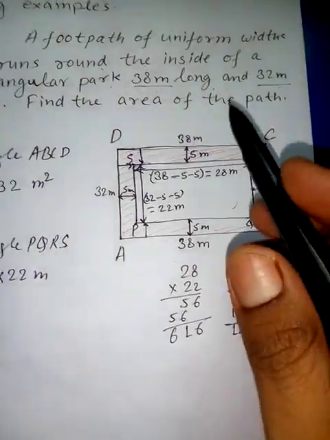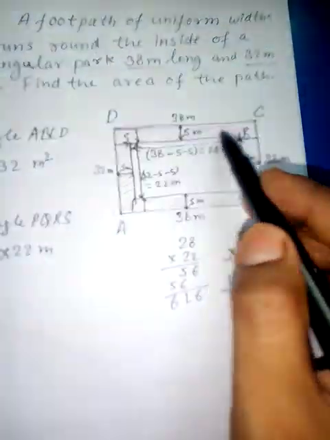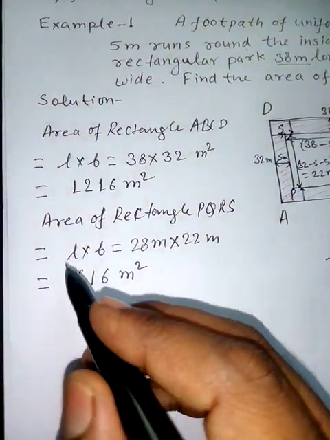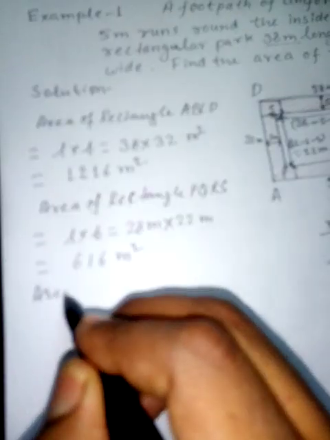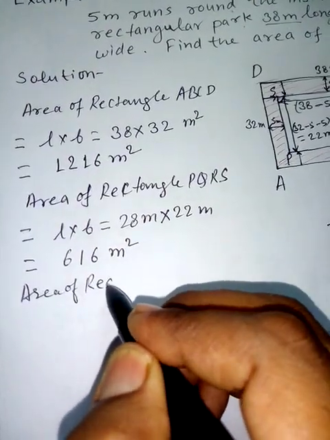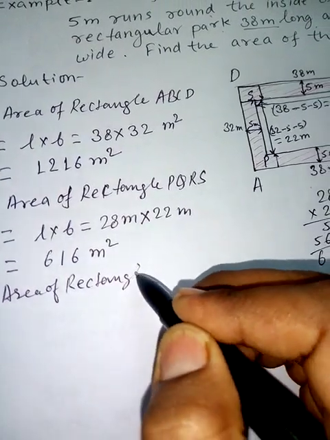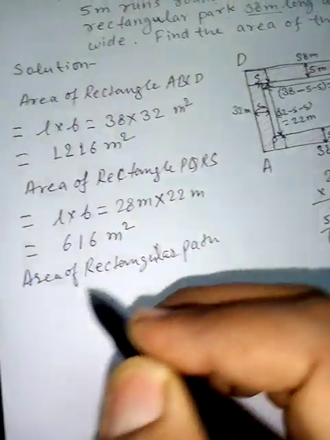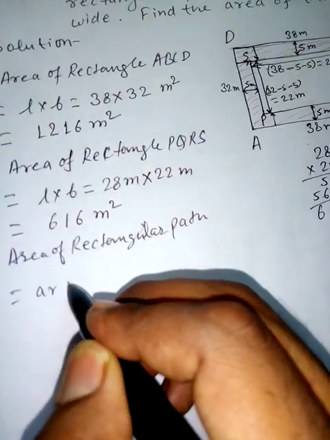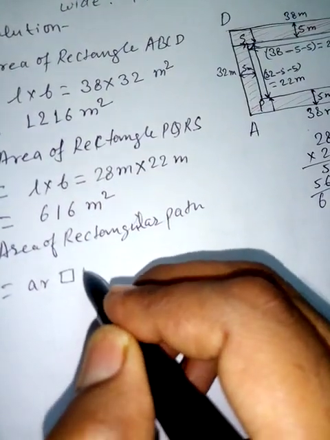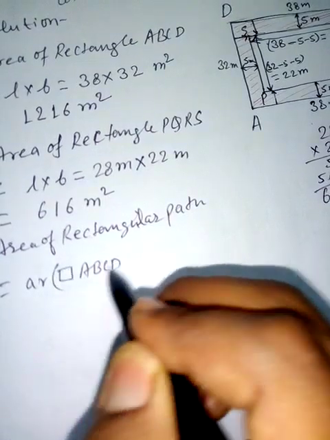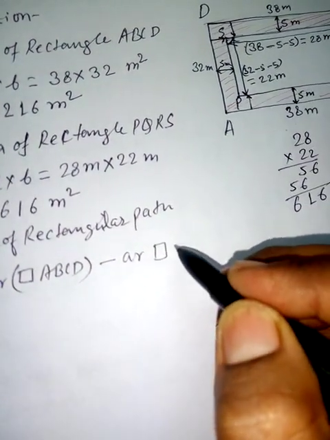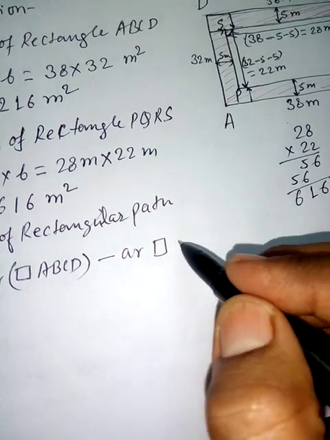And you know the area of this rectangular path shaded by the red color is: area of rectangular path equals area of rectangle ABCD minus area of rectangle PQRS.